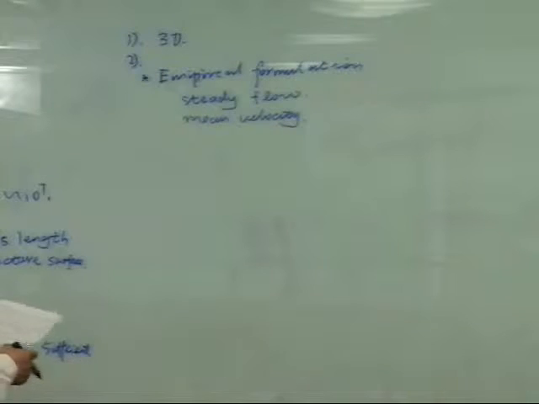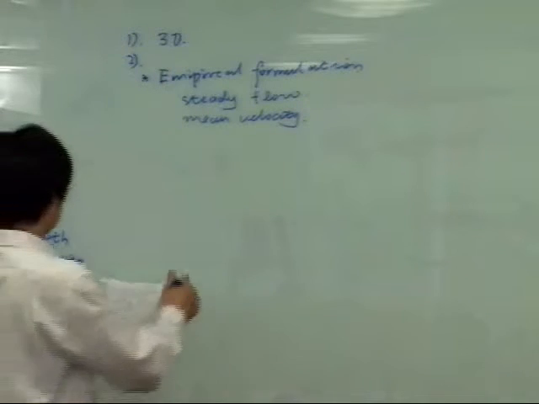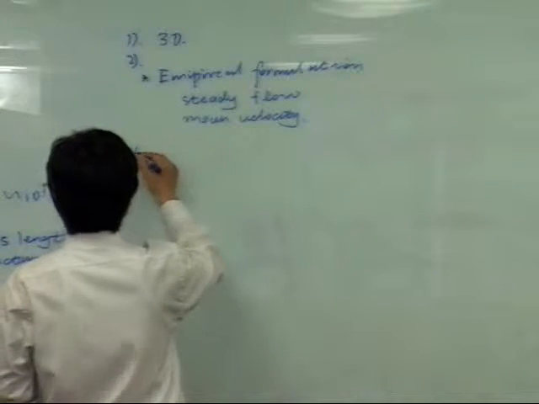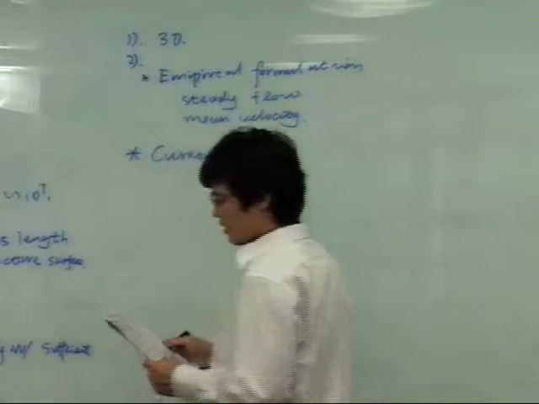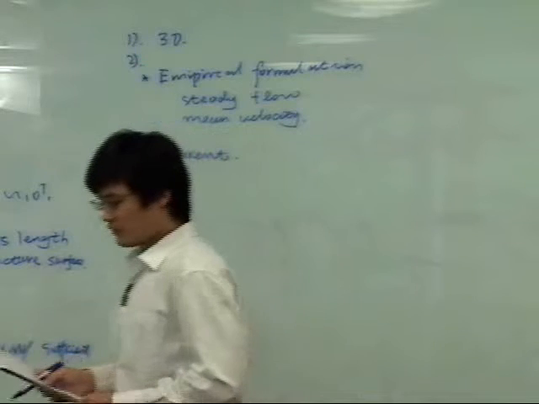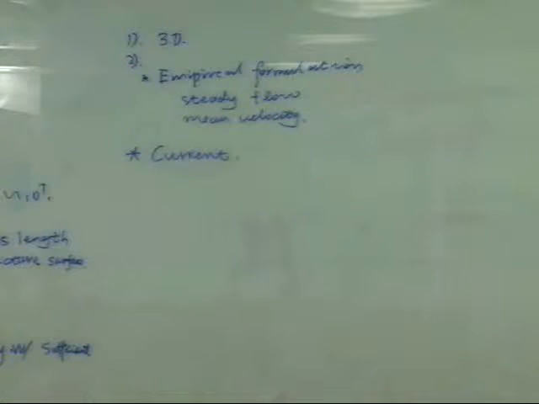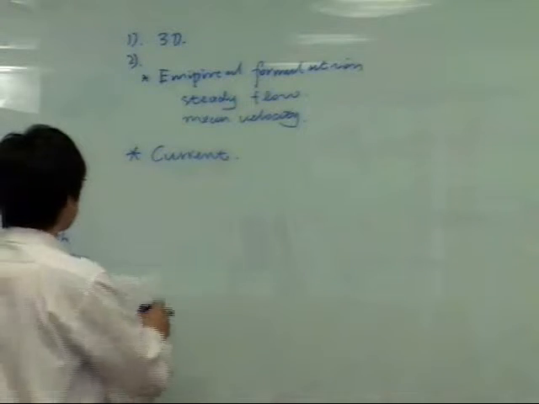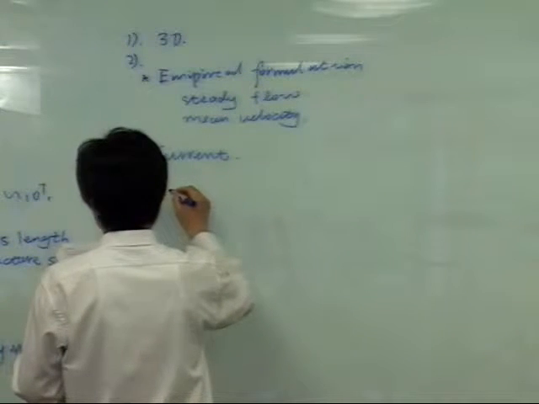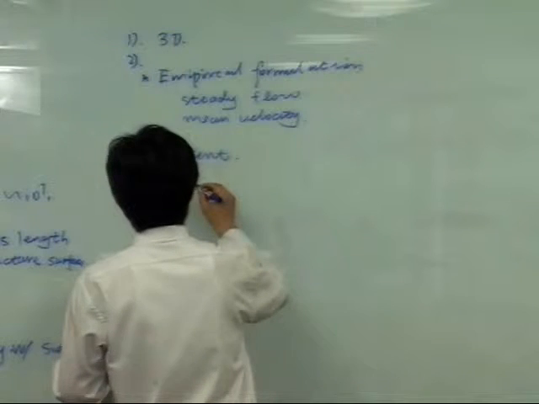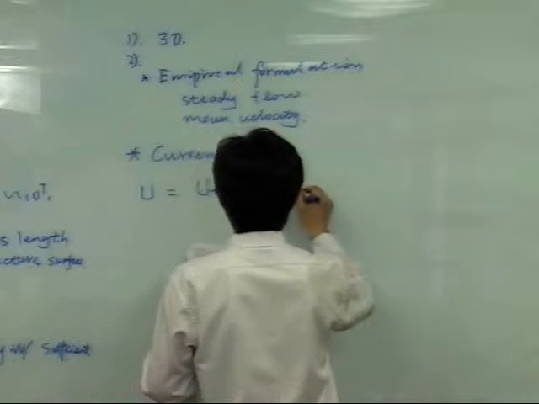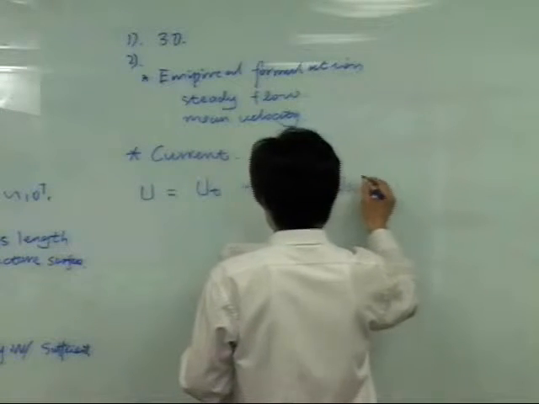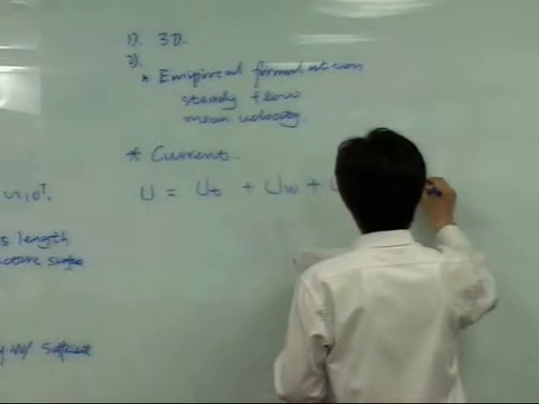Okay, now let's talk about current first. From a design point of view, ocean current velocity can be divided into several components. The total current velocity is the sum of these components.